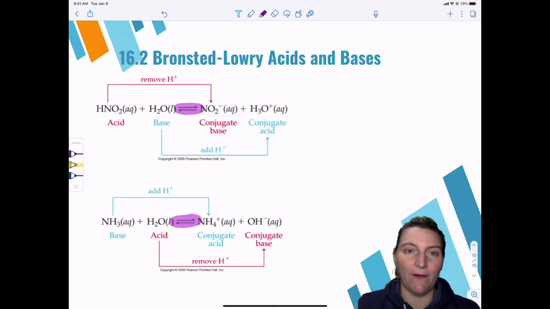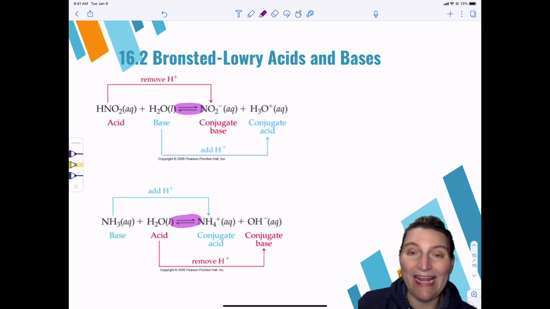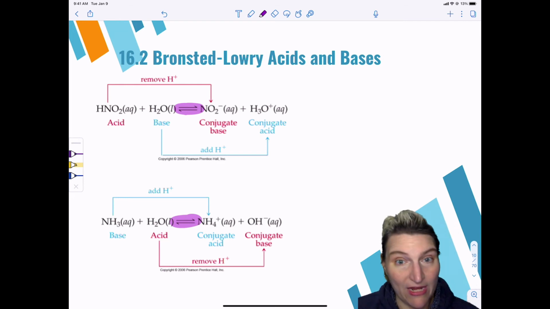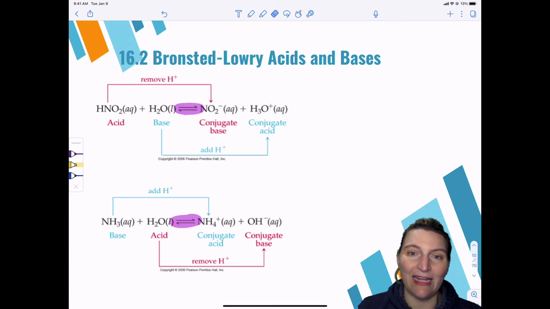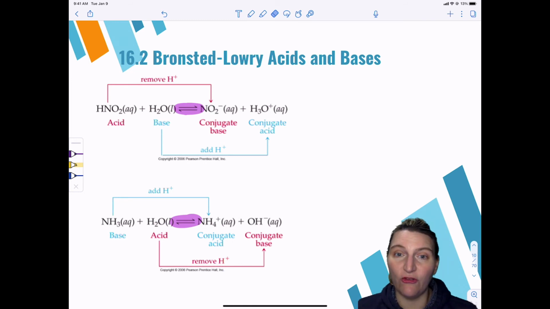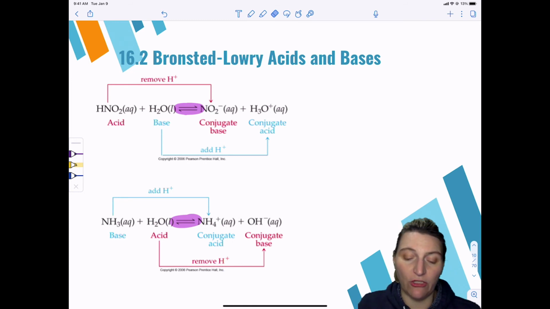So HNO2 is a weak acid, right? HNO3 is strong, but HNO2, with the nitrite ion, is weak. It will donate a proton to water, so water is considered the base here. The acid, after it loses its hydrogen, becomes what we call the conjugate base.